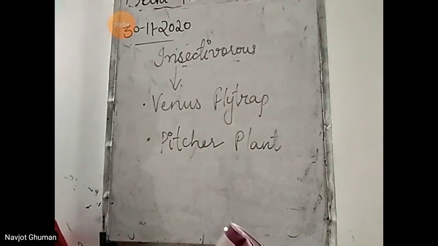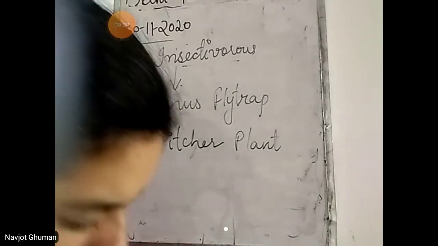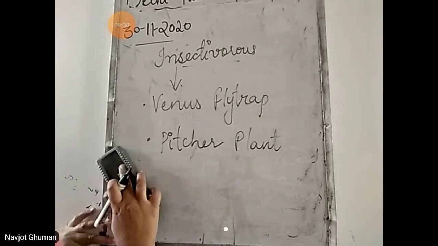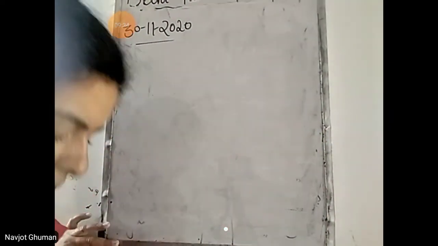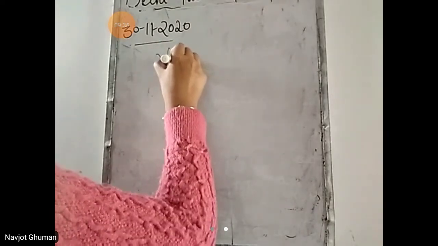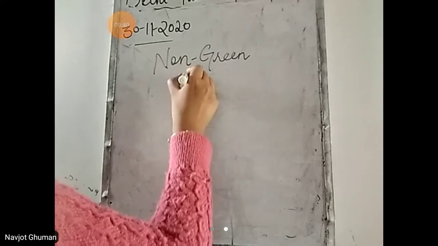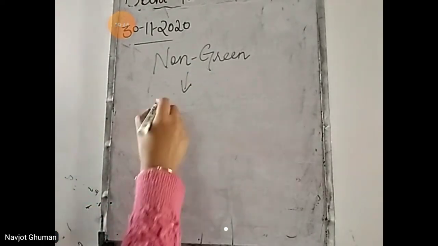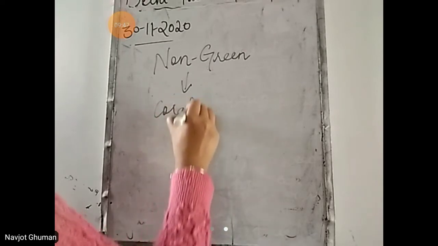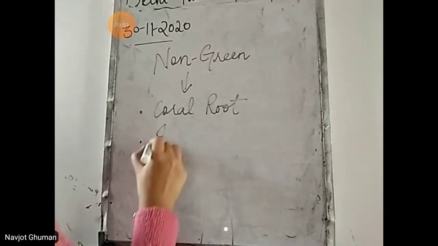Next are non-green plants. Their examples are coral root and Indian pipe.